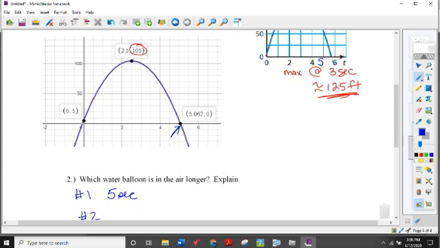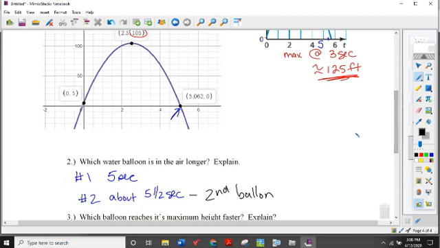So this one appears to be more than 5.5 seconds, so about 5.5 seconds. So which one's in the air longer? Well, it would be the second balloon, because it doesn't hit the ground until about 5.5 seconds.